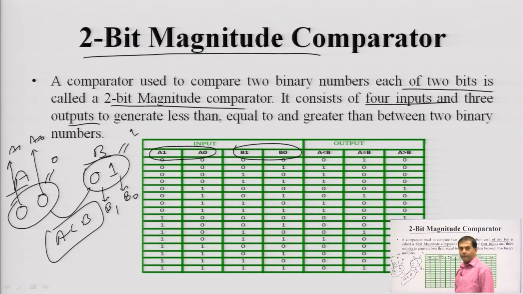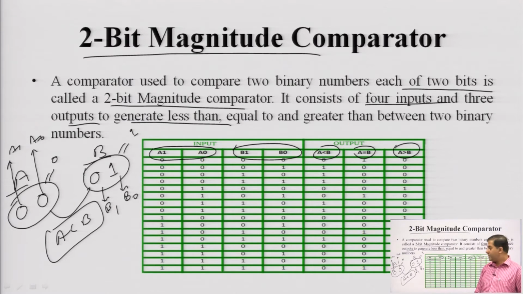So, total 4 inputs are there and the comparison output will be 3 outputs. Again the same type of comparison: A can be less than B, A can be equal to B, A can be greater than B, 3 cases. So, this is A less than B, this is A equal to B and this is A greater than B.